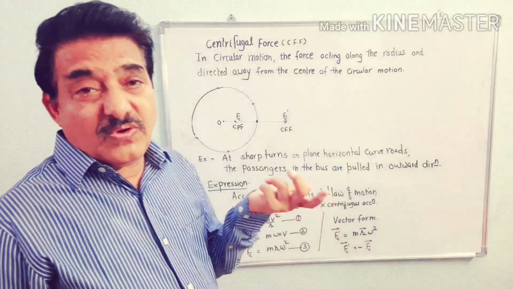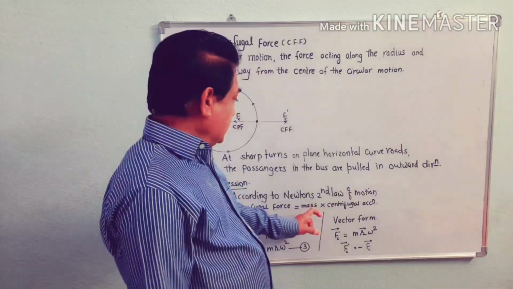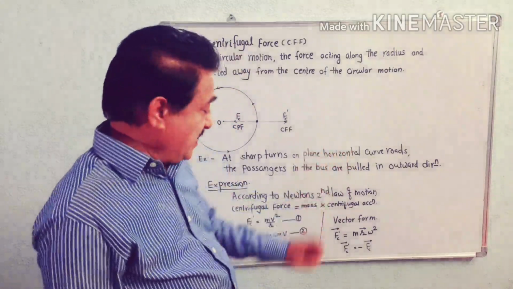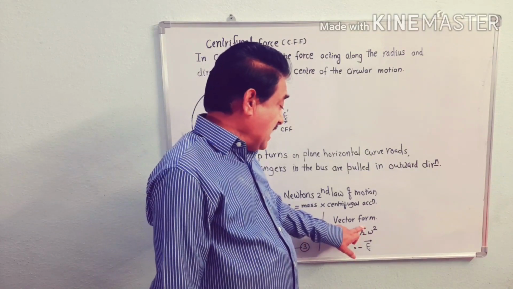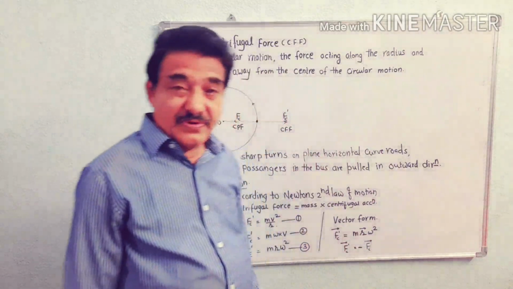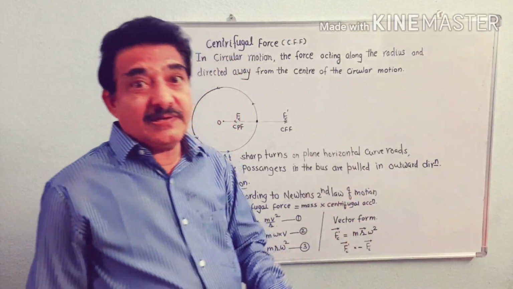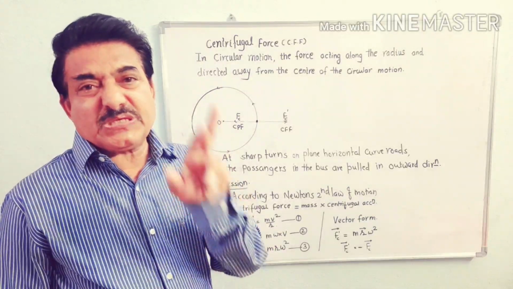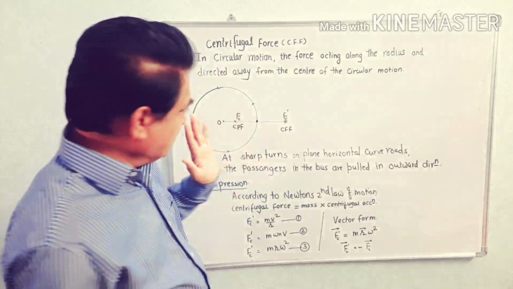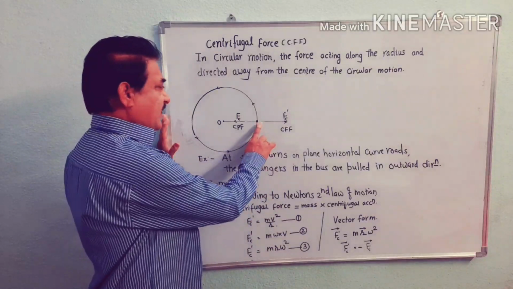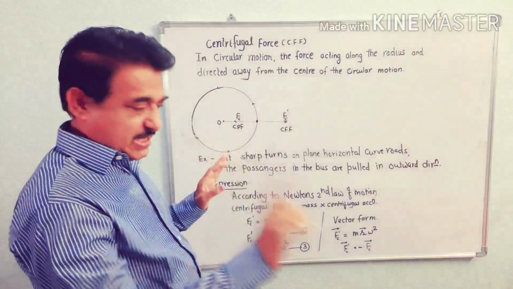Then if we would like to express it in a vector form, the centrifugal force in vector form is Fc dash is equal to m into vector r into omega square. So this equation shows that centrifugal force and radius vector are in the same direction.